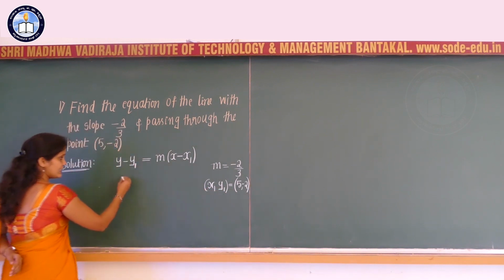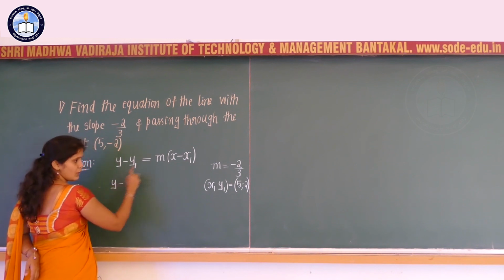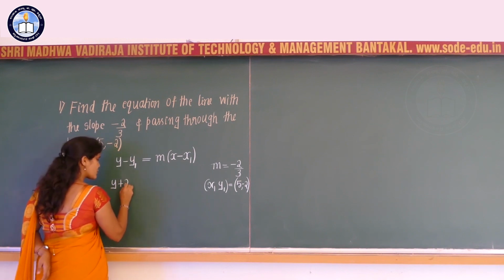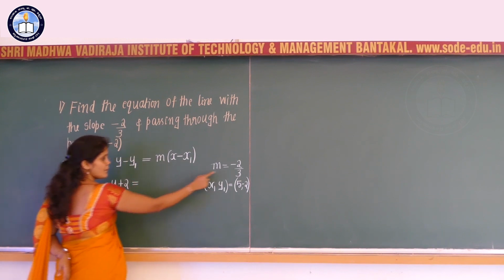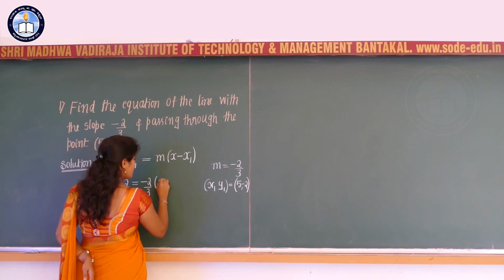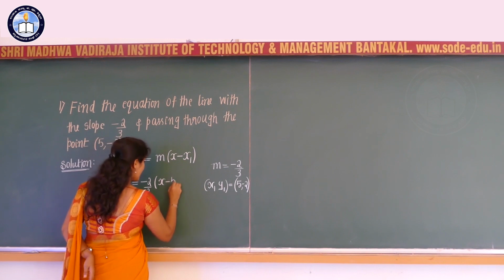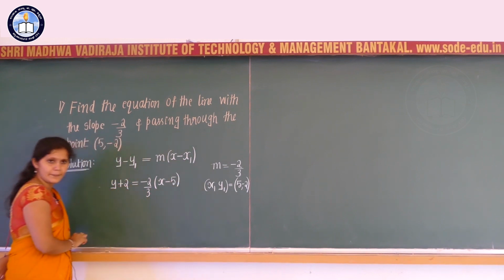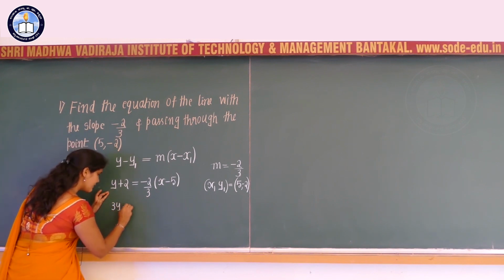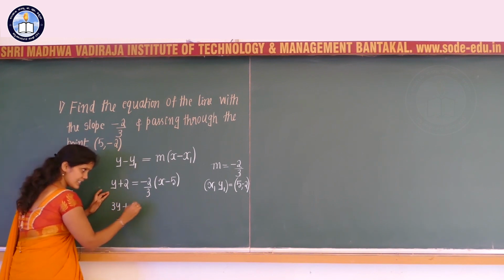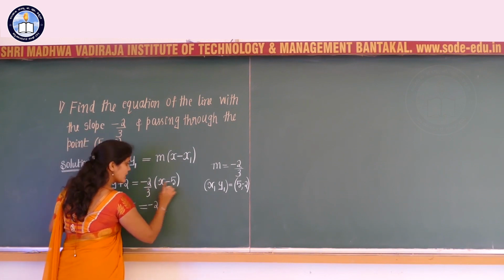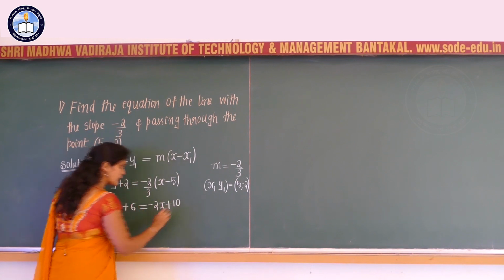So, this I can write as y minus of y1 value, which is minus 2, minus of minus 2, that is y plus 2 equal to m value minus 2 divided by 3 into x minus of x1 value, which is 5. Or this I can write as 3 multiplied with y, that is 3y plus 6 is equal to minus 2 into x minus 2x minus 2 into minus 5, that is plus 10.